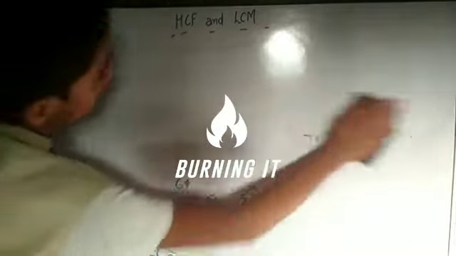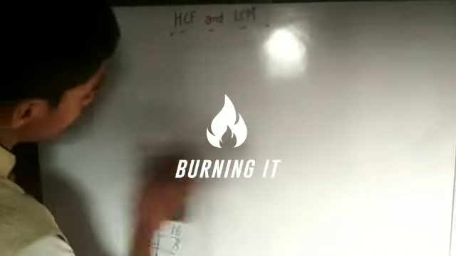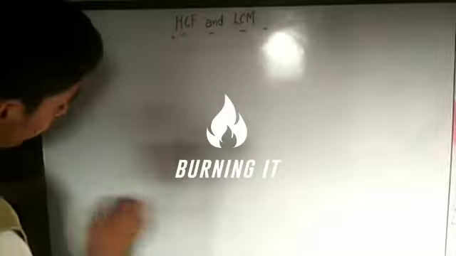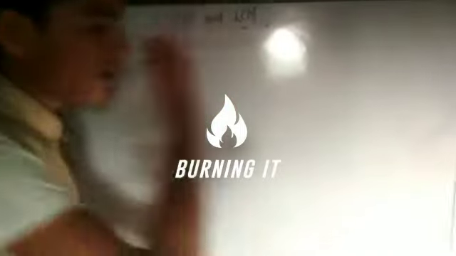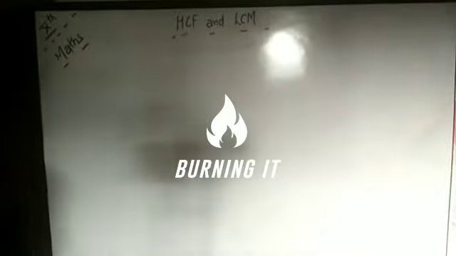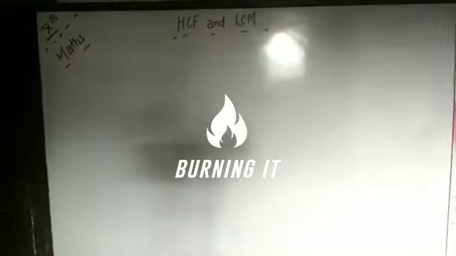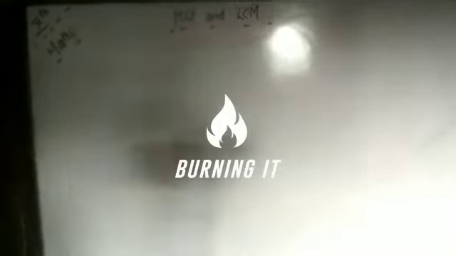Now we are going to see the word problems related to HCF and LCM. Word problems are a major concern of these two numbers. Before that we need to know a very simple formula regarding HCF and LCM.